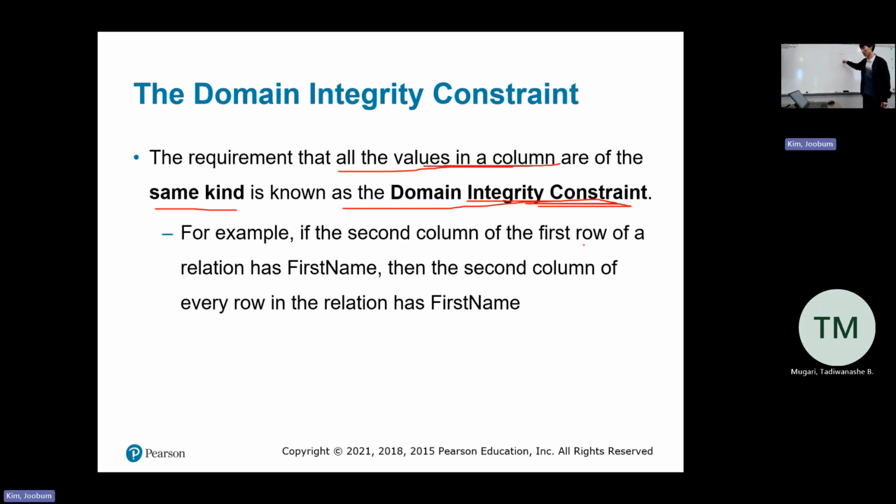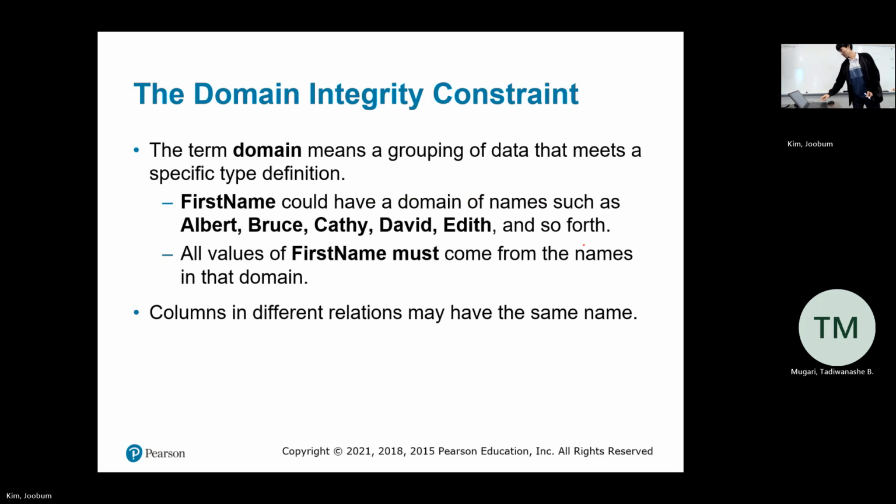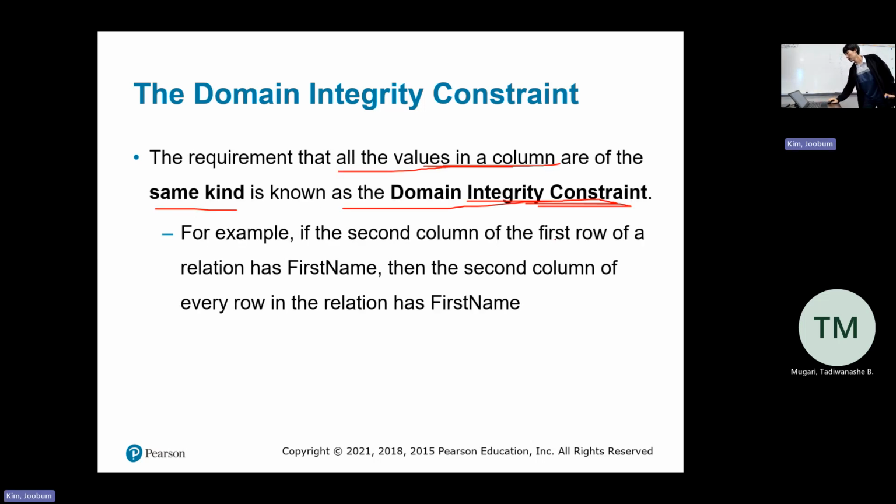And the second column of every row should be a first name. In this case, Albert, Bruce, Kathy, David, and so on. Each piece of data in the same column should be the same kind. That is the domain integrity constraint. This is the first constraint. Okay.